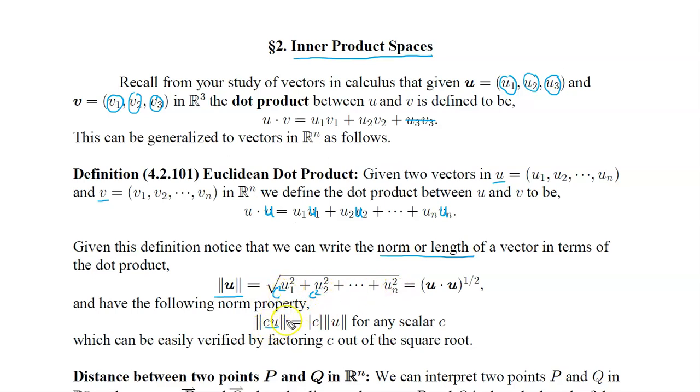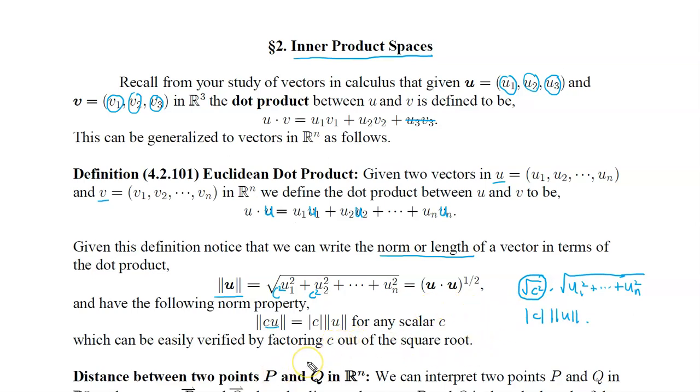That's what the left-hand side would be. Then you would just factor out the c squared, and you would get the square root of c squared times the square root of u1 squared plus dot dot dot plus un squared. And this quantity right here is the absolute value of c, and this quantity right here is just the norm of u. So you can very easily verify that.